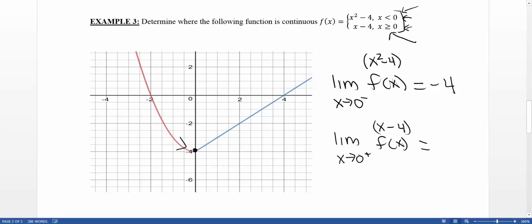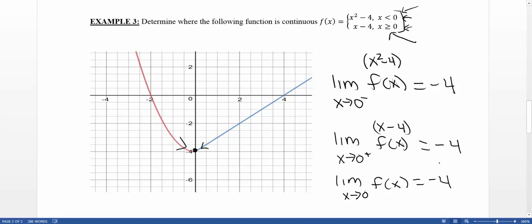And if I look at what's happening on the graph here as I approach from the right, that also looks like negative 4. I could confirm this by plugging in a couple values less than or greater than 0 into each function, and I will see that they both indeed approach negative 4. So since it's the same from the left and the right, then the limit as x goes to 0 of the whole entire thing equals negative 4.